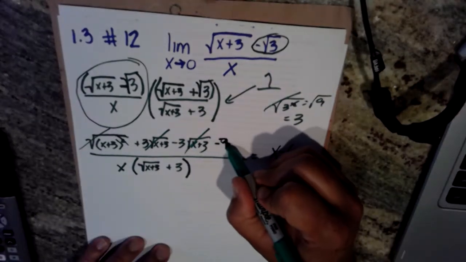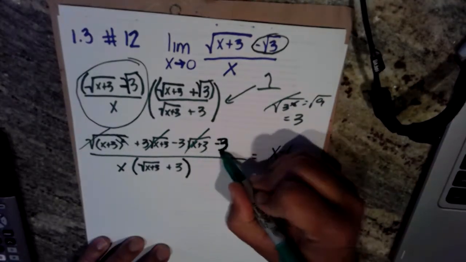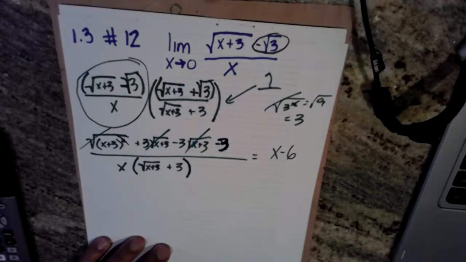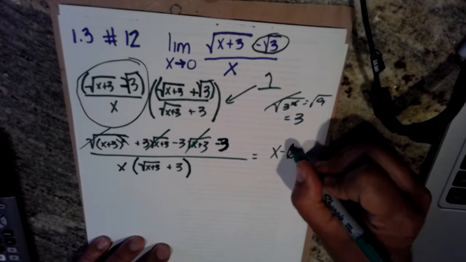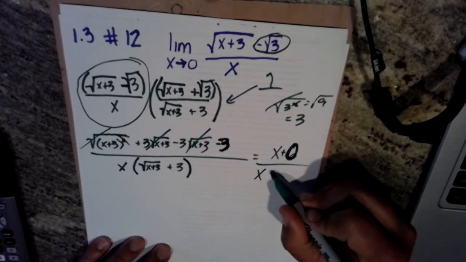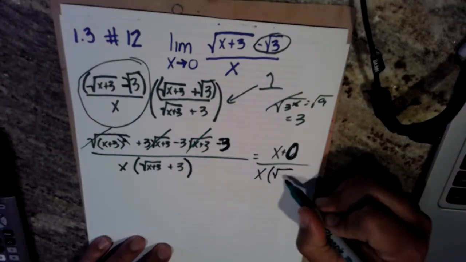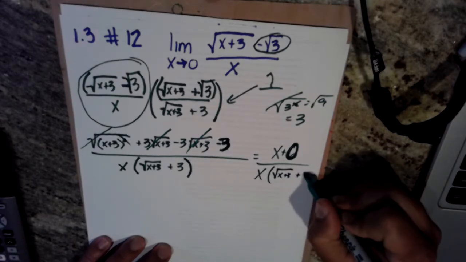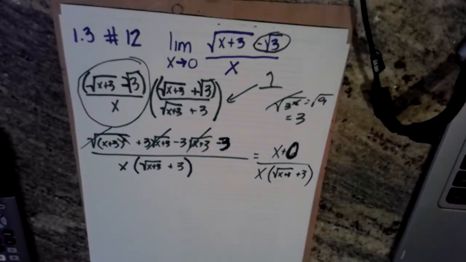That's going to make this just a regular 3. And what you'll have is x plus 0. Good. Just have x on the top. And x times that on the bottom. Okay?